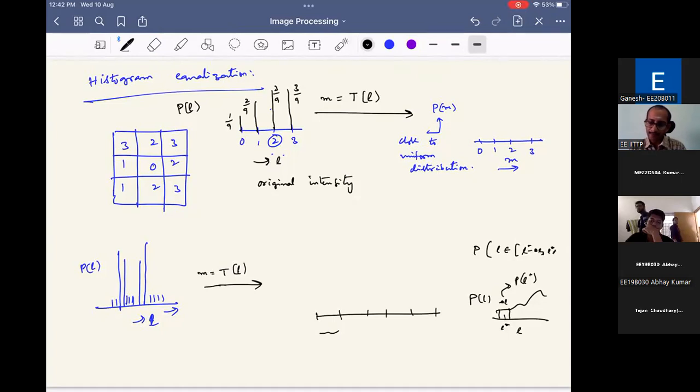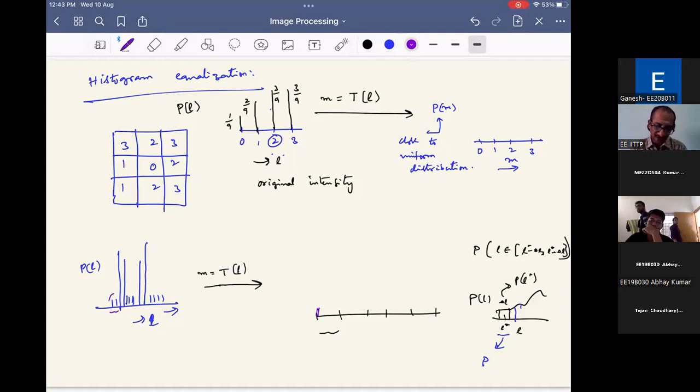In a similar manner, we want to do it here also. In a given bin, whatever the probability is, we want that same probability value in the other bin ranges too. So if I apply the transformation, wherever there are small frequencies, the intensities will be spread closely.